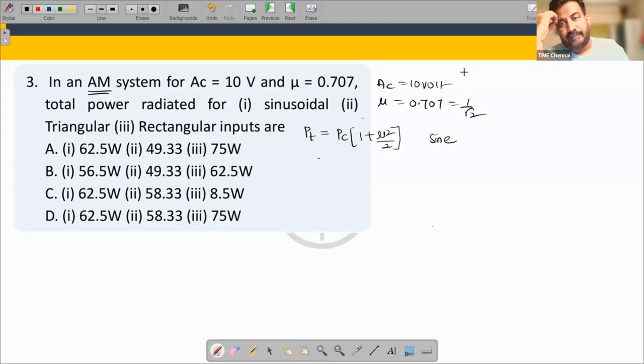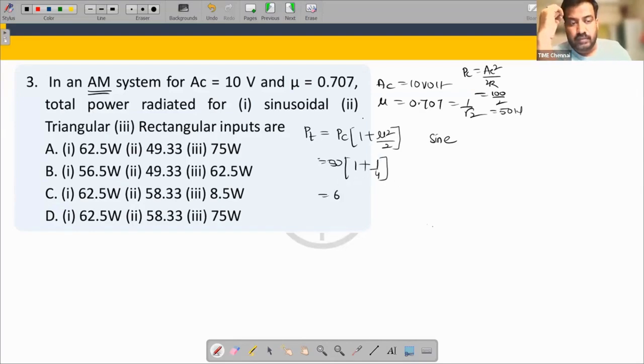So PC is AC square by 2R, it's 50 watt. It's 50 into 1 plus mu square by 2, so 1 by 2 by 2, 1 by 4. This is 62.5 watts.